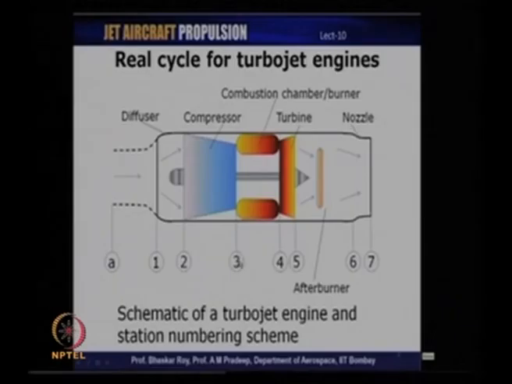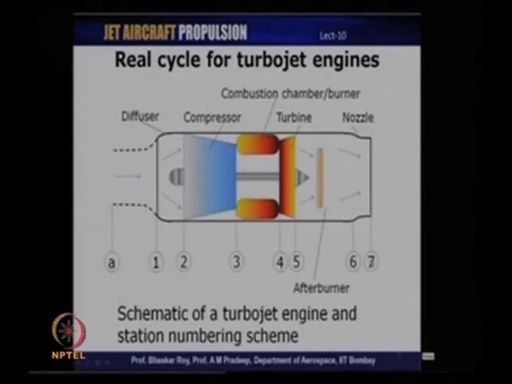Station number 3 is for the compressor exit, which also happens to be the combustion chamber inlet. 4 is the combustion chamber outlet and the turbine inlet, 5 is the turbine outlet, 6 is the afterburner exit or the nozzle entry, and 7 is the nozzle exit.